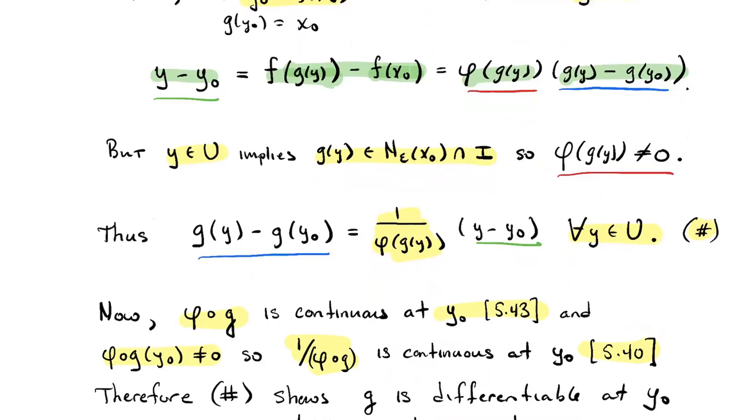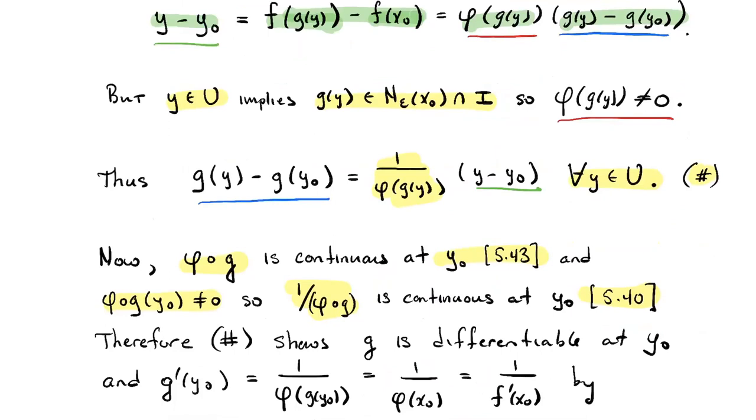So that equation, pound, by the Carathéodory equation, says that g is differentiable at y naught, because I've got the difference of the g's as this continuous function times the difference of the inputs. And moreover, the value of the expression 1 over phi of g of y at y naught is the derivative of g.